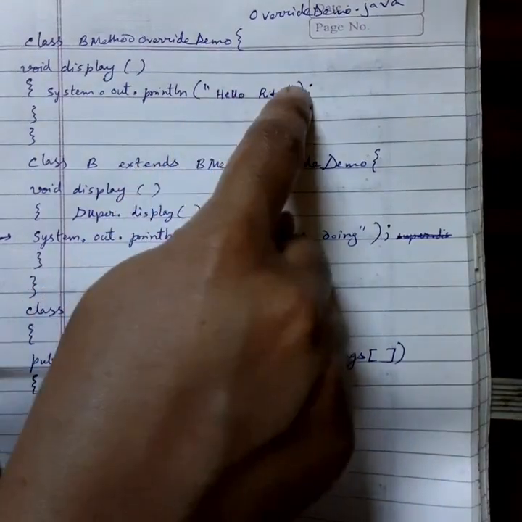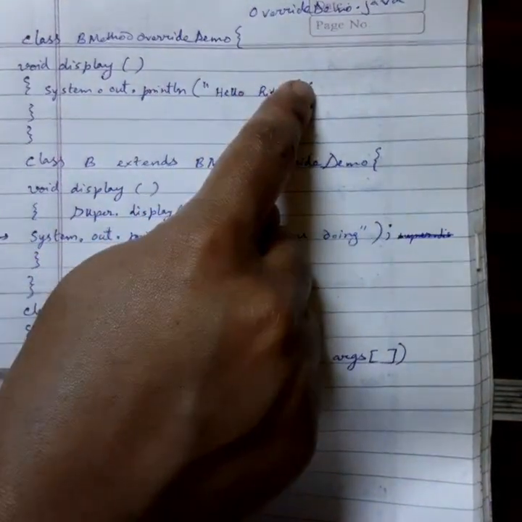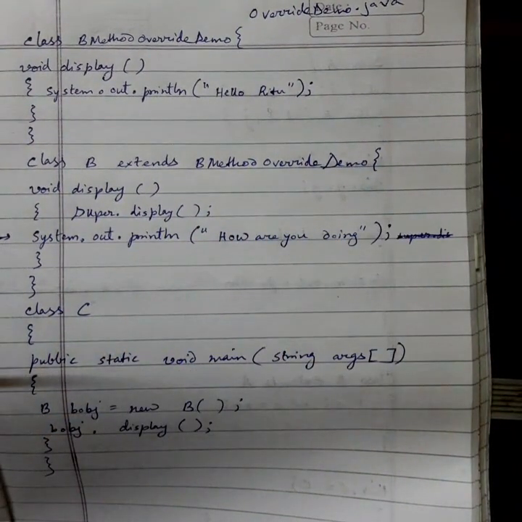So first this is printed, then this is printed. First hello Ritu is printed, then how are you doing is printed, displayed on screen.